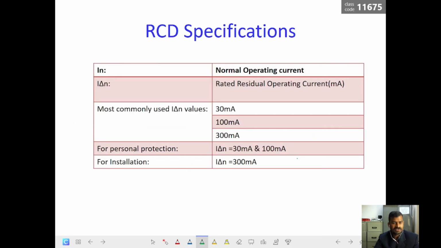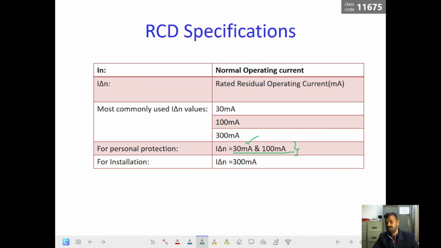So specifications: usually the RCD will have these ratings, 30 milliamperes, 100 milliamperes and 300 milliamperes. These two, 30 and 100 milliamperes, are mostly used for human protection, because the human being starts sensing electrical current in the body when it crosses 30 milliamperes.